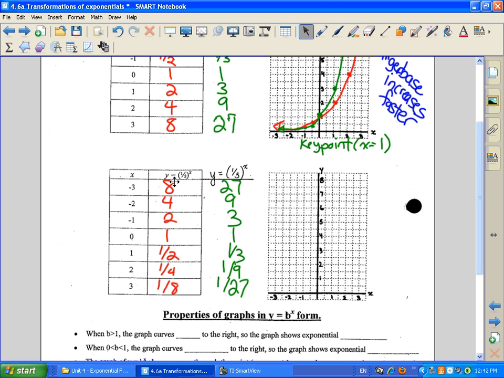Okay, let's plot these. So again, we still have the common point 0 and 1, but when I go -1, it's 2. When I go -2, it's 4, and -3, it's 8. And again, it's going to be half each time.